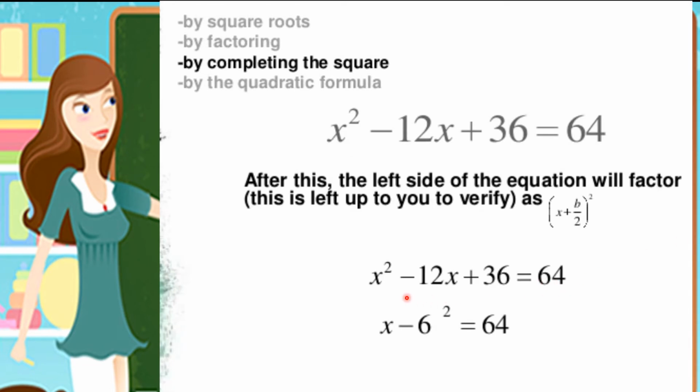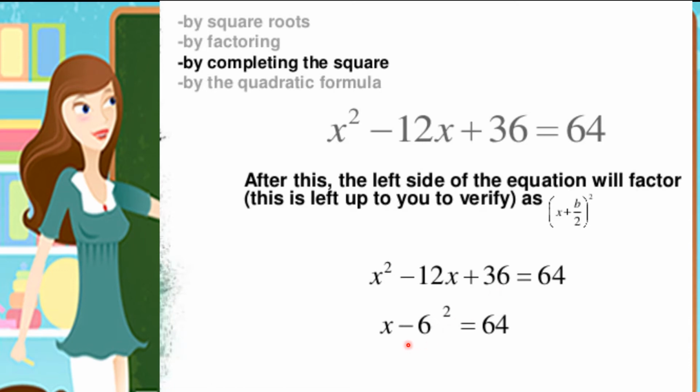After this, the left side of the equation will factor as x minus b over 2 quantity squared or the square of binomial. Since ang mabubuo natin dito palagi, dito sa ating may x term, ay ang perfect square trinomial. So, kung ano yung ginamit nating b, yung negative b over 2, yun yung ating ilalagay.